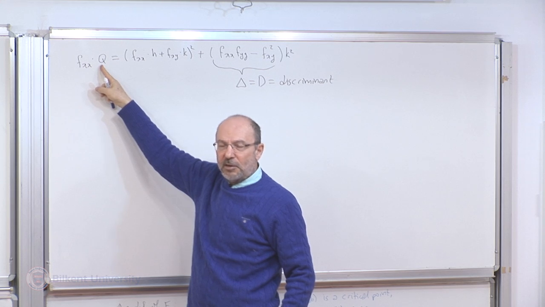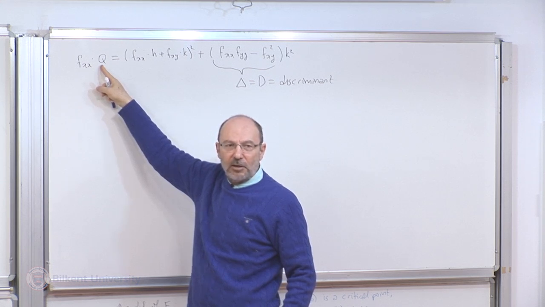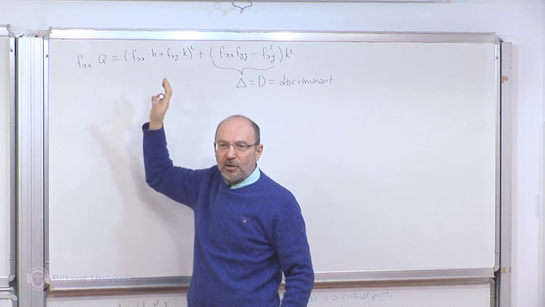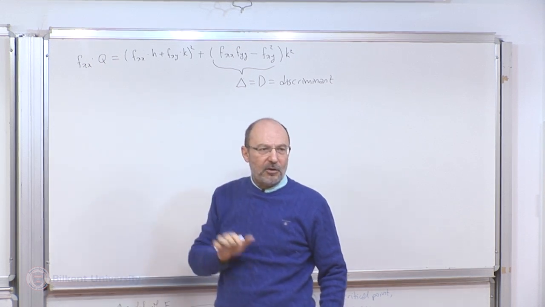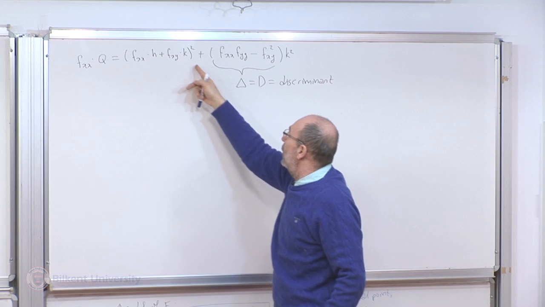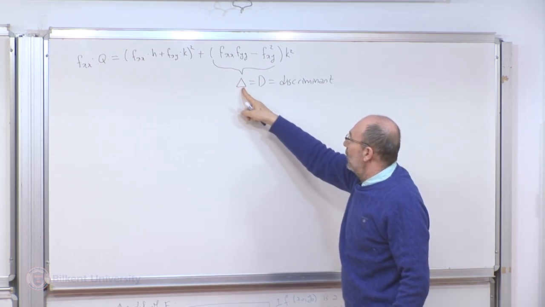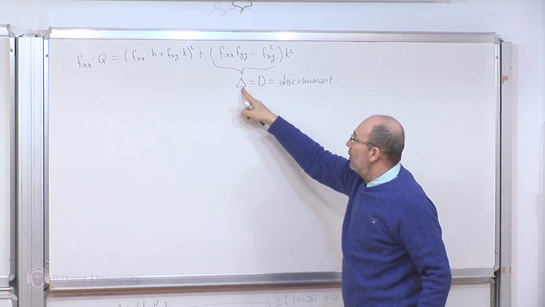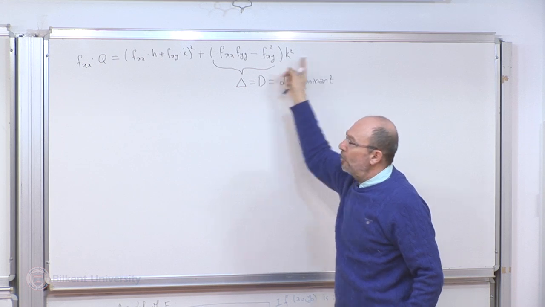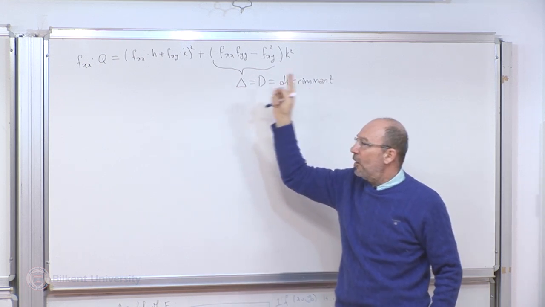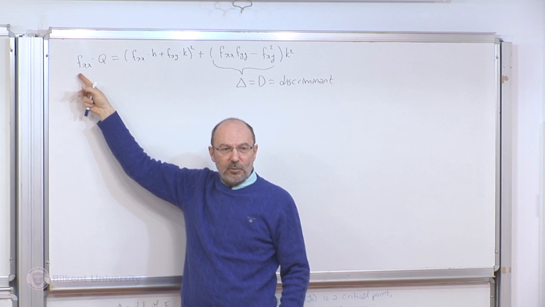When I said this, remember, notice that I didn't mention h and k. I just looked at the signs of algebraic expressions. I have a square here plus something positive, I'm assuming, times a square, so the right-hand side is positive. Therefore the left-hand side is positive.